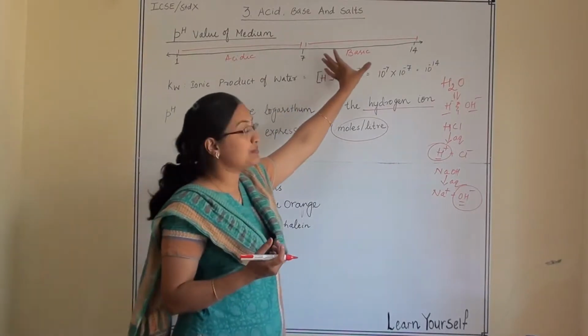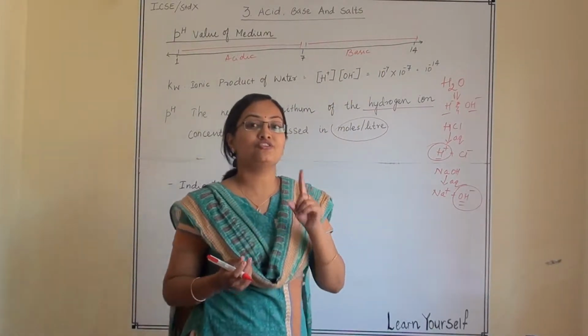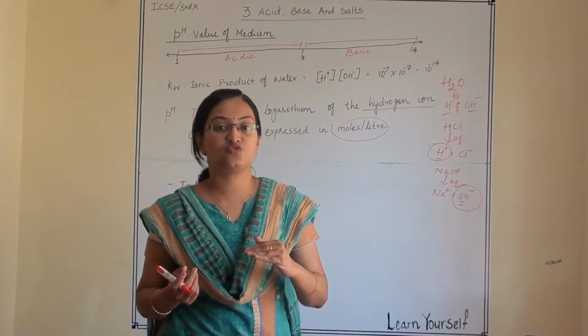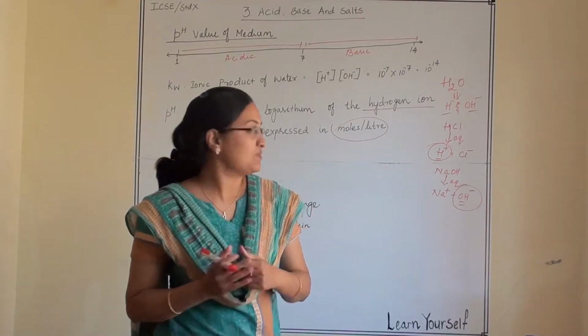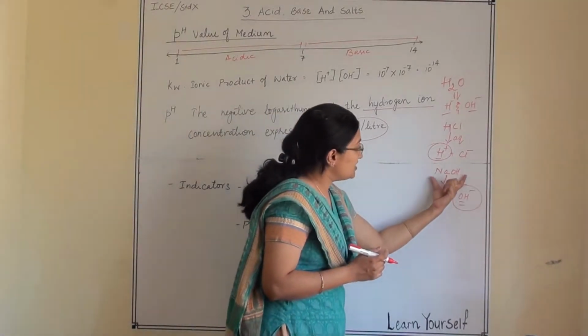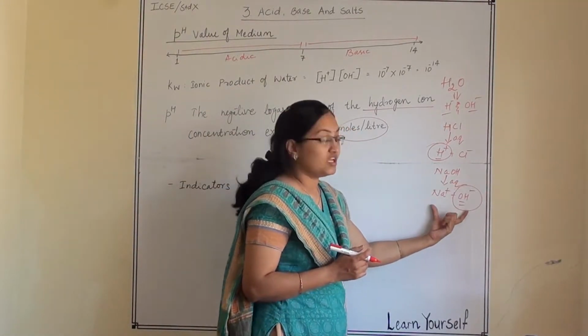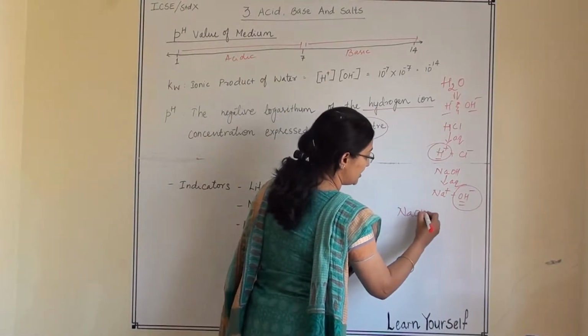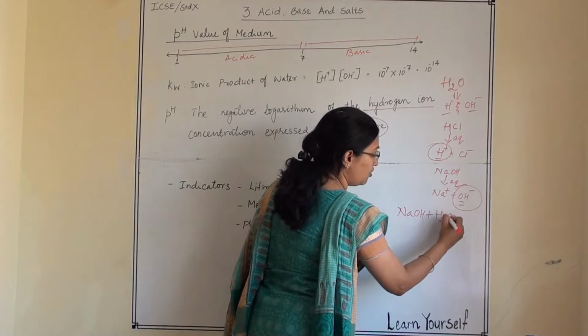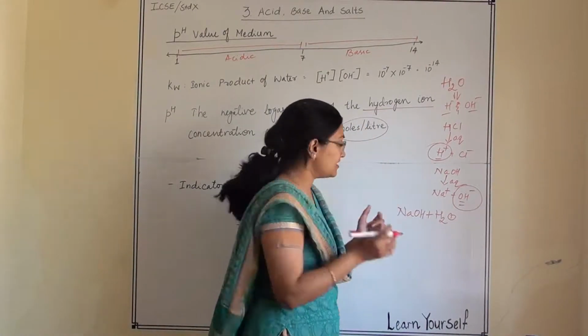So if it is a basic solution, the concentration of H plus ion will be less. H plus will be there, but the concentration will be very, very less. Why? When you dissolve NaOH into water, what will happen? NaOH plus water. What types of ions will you get?